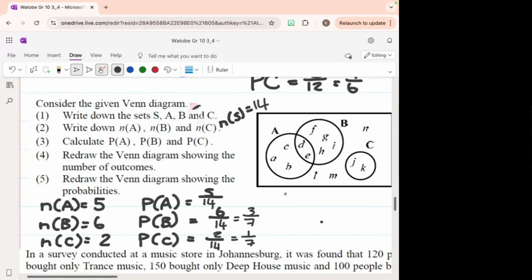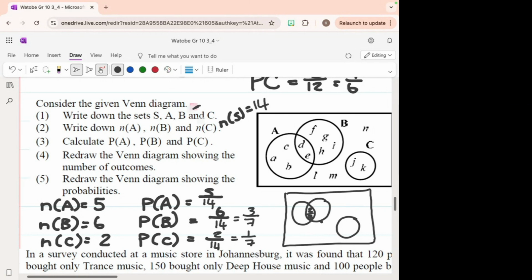All right, here we go. Drawing the Venn diagram using the probabilities. How are we going to do that? Well, we know where A and B are overlapping, it's only going to be 2 over 7, hey?